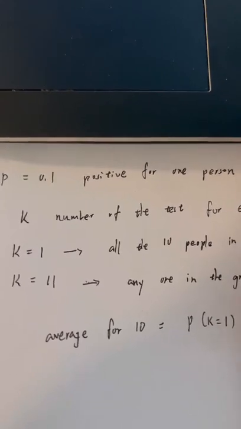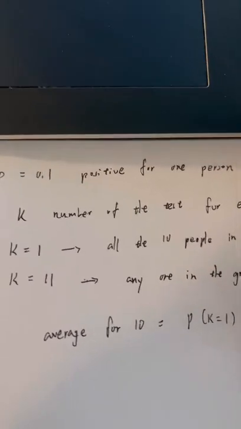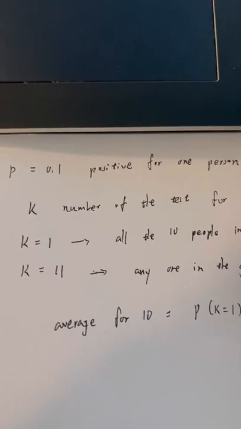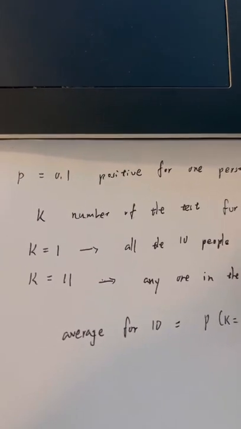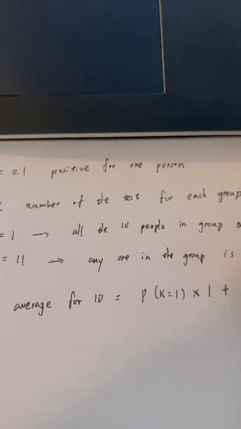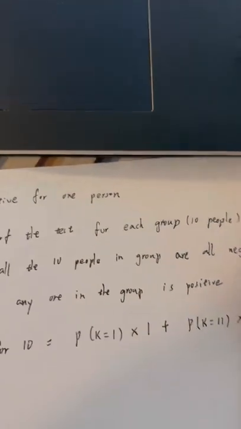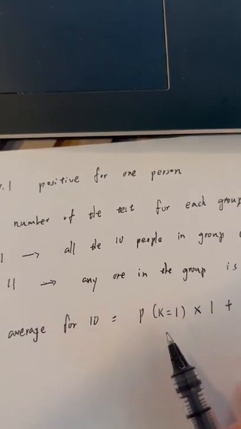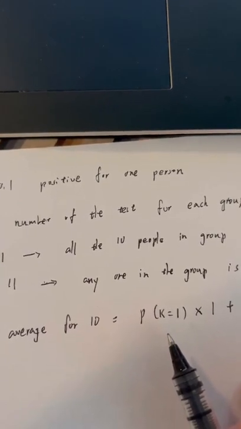Then we use the probability of K equals 1 times 1. That's the number of tests we have to do when K equals 1, and it will plus the probability of K equals 11 times 11. But right now we don't know the probability of K equals 1, or the probability of K equals 11. So let's find out next.